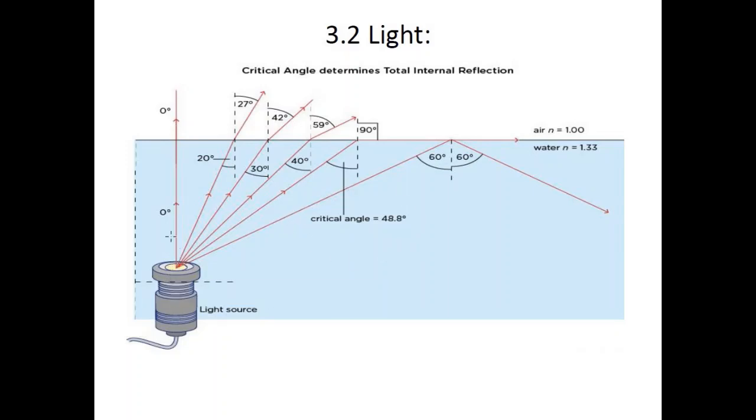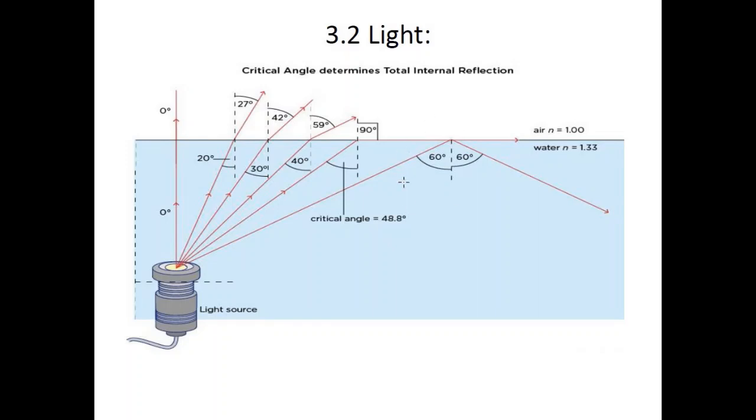The ray of light at 90 degrees, meaning along the normal, does not bend at all, whereas the rays of light which were at 48.8 degrees or less have bent away from the normal. As you can see, the incidence angles are lower, whereas the refracted angles are greater.